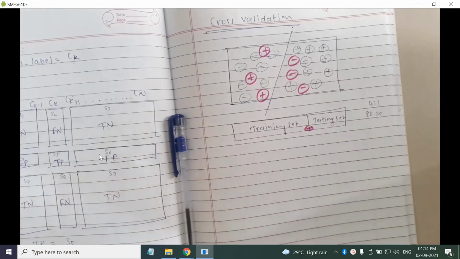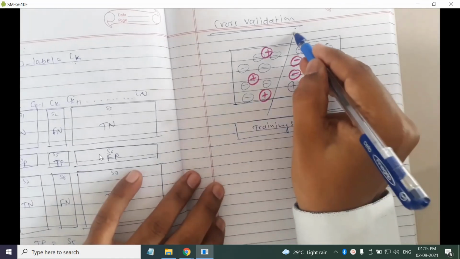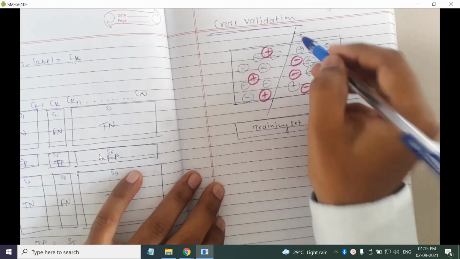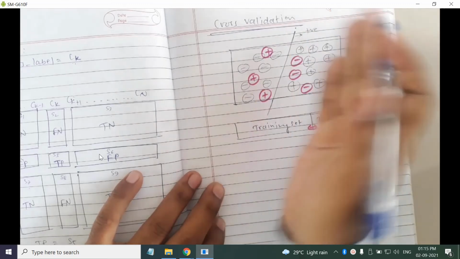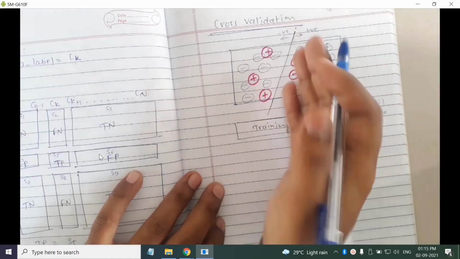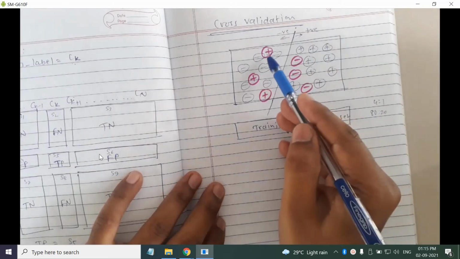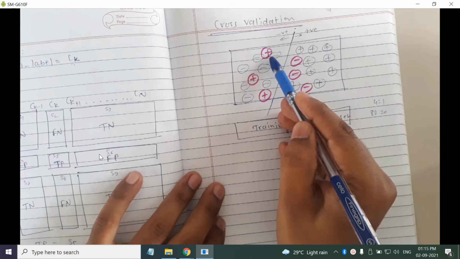Now what is the accuracy? My model will say positive if the sample falls to the right side of this line, and it will say negative for the sample which falls to the left side of this line. So for this sample, what would be the predicted label?